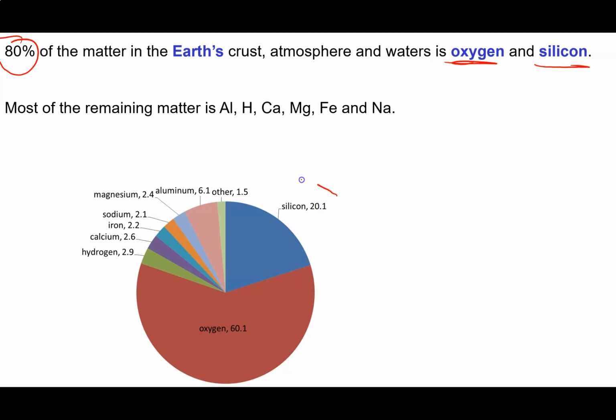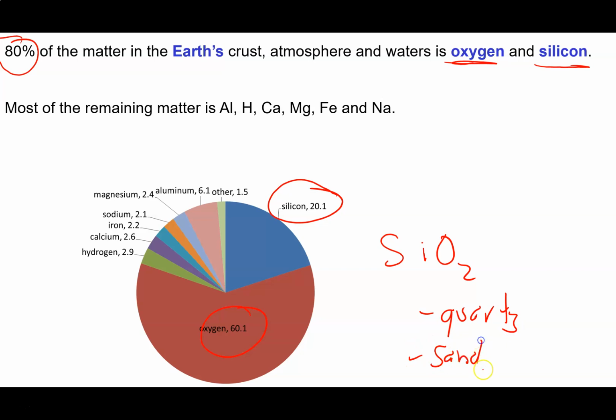Silicon dioxide is quartz, commonly found in sand and soil. So it's not that surprising, right?